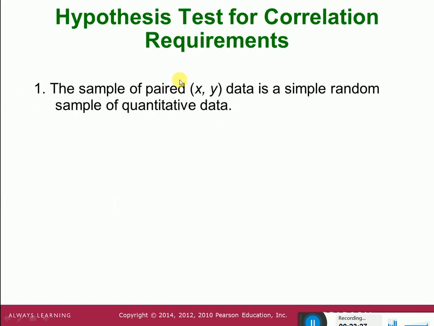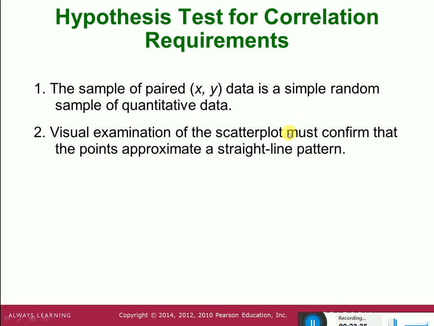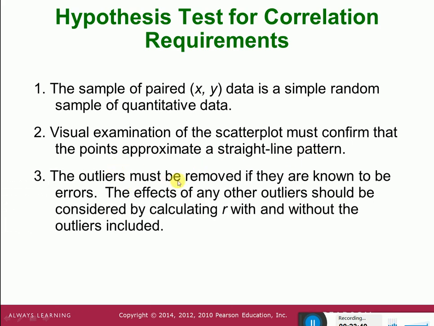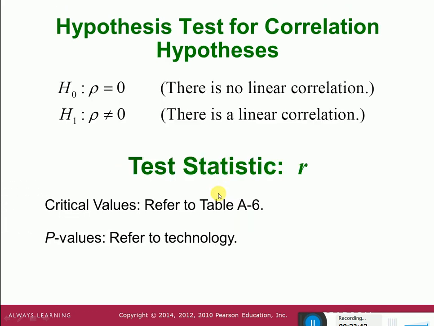The requirement is similar to our last chapter. It must come from a simple random sample. It has to be a straight line pattern, and there shouldn't be any outliers. The null hypothesis is that rho is equal to 0, or there is no linear correlation. The alternative hypothesis is that rho is non-zero, or there is a linear correlation.